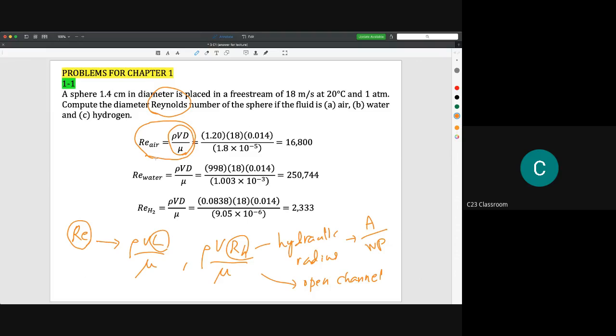In this situation, we have air as a gas and also hydrogen as a gas. For liquid, for example water, it is incompressible, not easy to compress. That's why we don't have any problems calculating liquid.